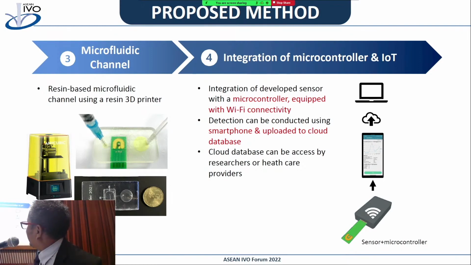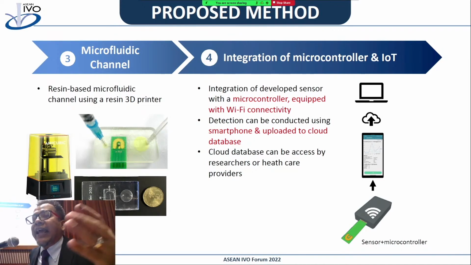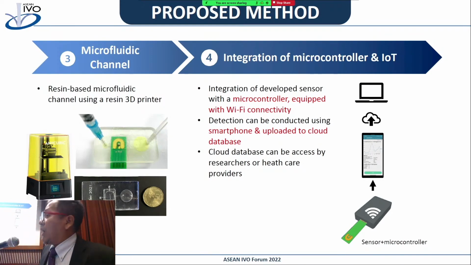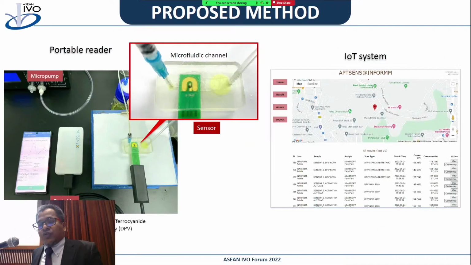Finally, we integrate with our own fabricated microcontrollers, which makes the system IoT enabled, with Wi-Fi connectivity, and it can be integrated with the smartphone. So this is our current prototype.